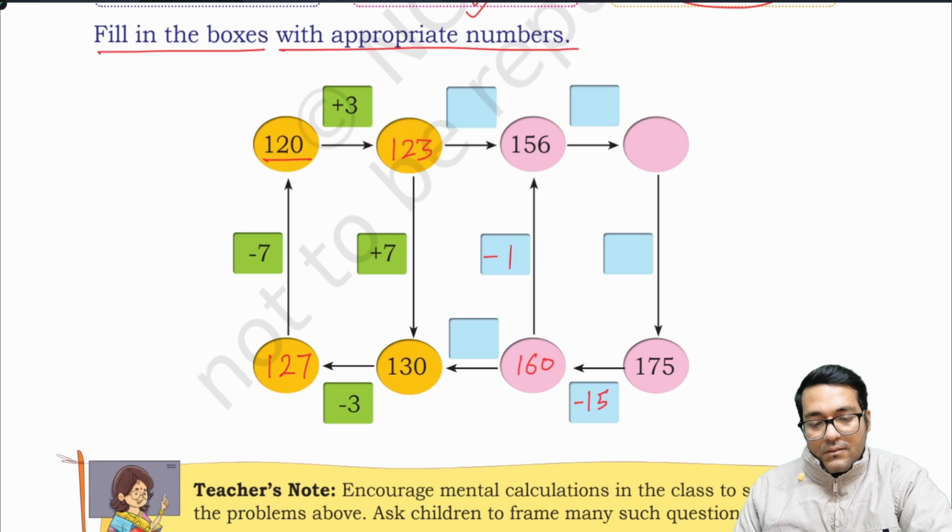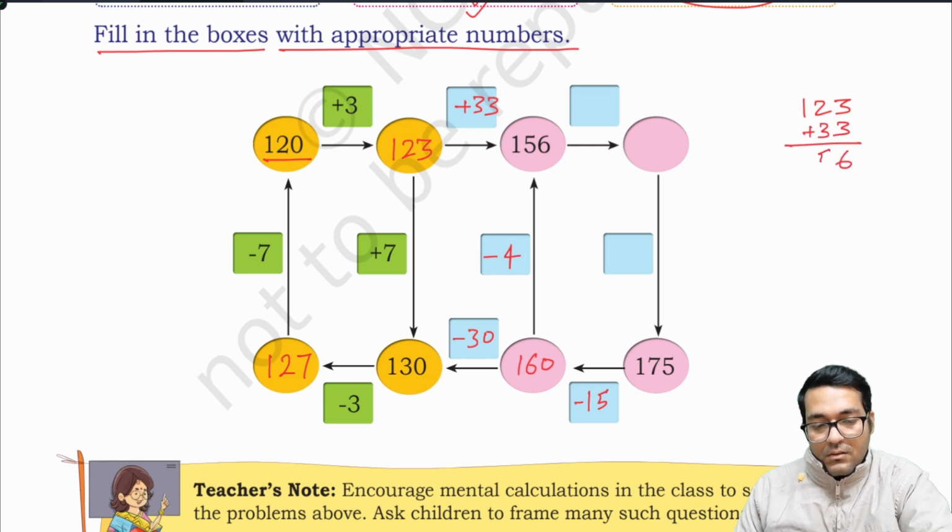You can write here minus 4. You can write here minus 30. Like that. You can write here 33. That is 123 plus 33, 156. Similarly, you can fill these blanks.